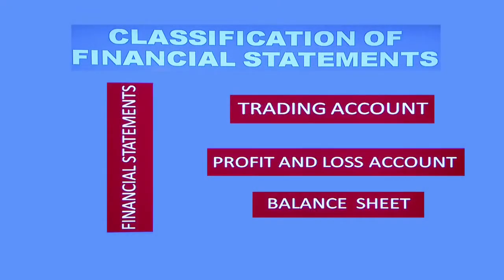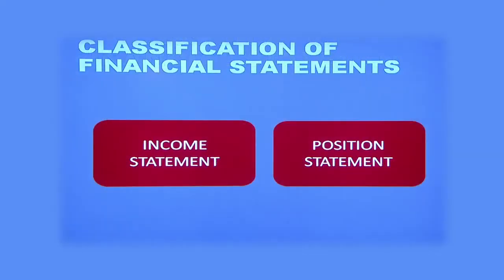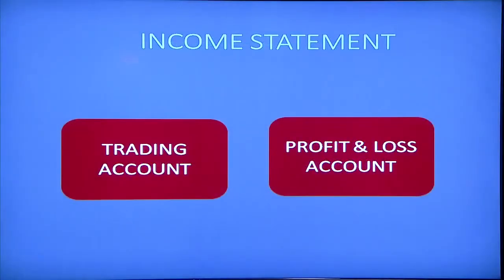It includes mainly two parts: income statement and position statement. Income statement includes trading account and profit and loss account. Position statement includes balance sheet. So, financial statement includes income statement and position statement. Under income statement, you can study trading account and profit and loss account.